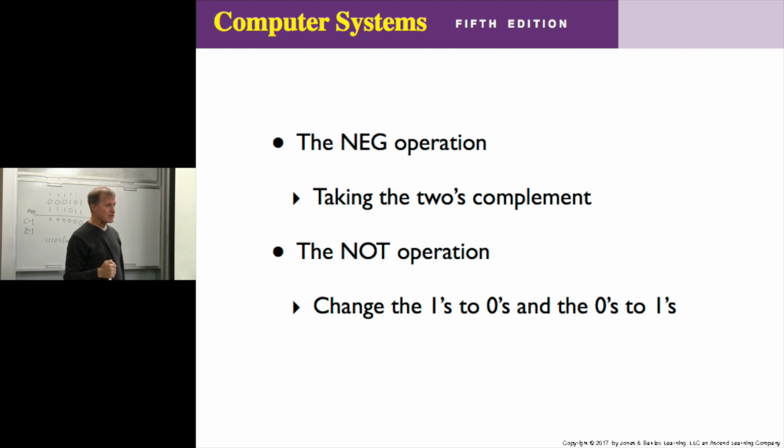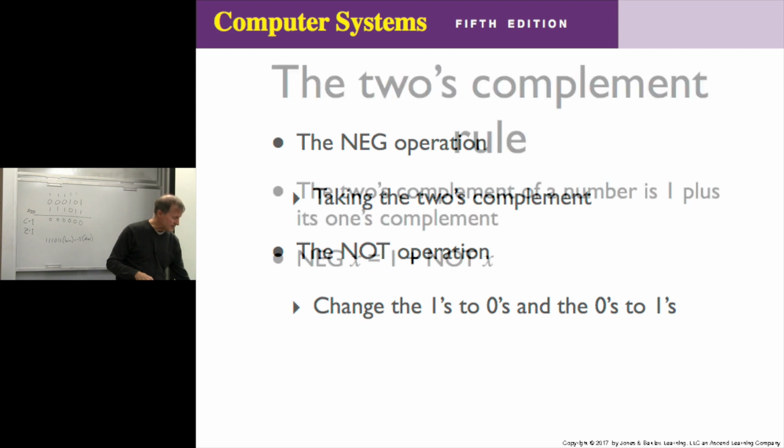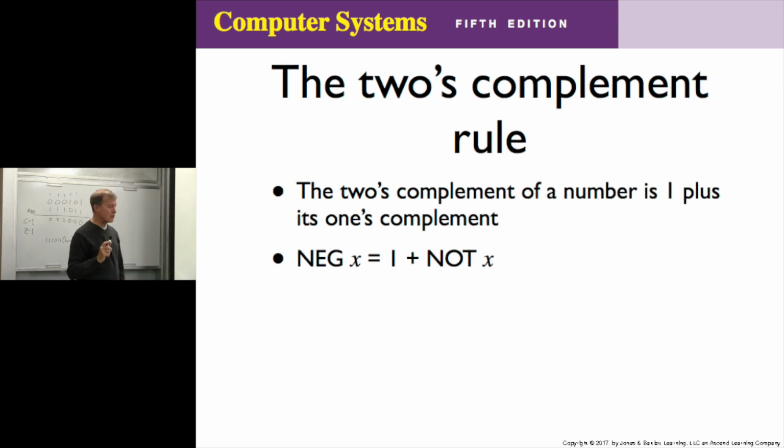And the not operation is doing what? What does it say here on the slide? Change all the ones to zeros and zeros to ones, because not true is false and not false is true. Are you with me? And the rule is this. When you say take the two's complement of a number, what are you saying to do?